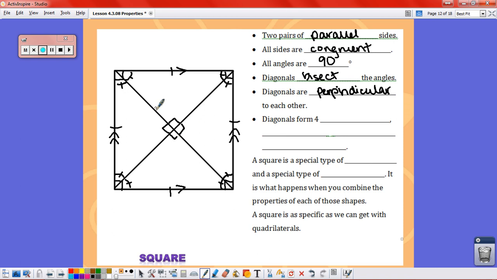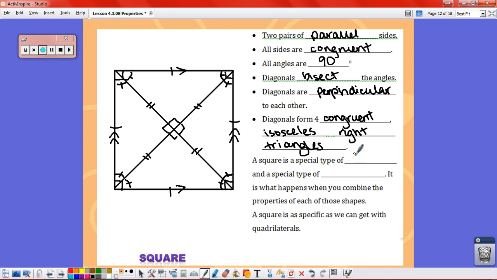And of course they also bisect each other, and they're actually all the same length, like this, because they make four congruent isosceles right triangles. So all of these triangles are exactly the same, and they're all isosceles.